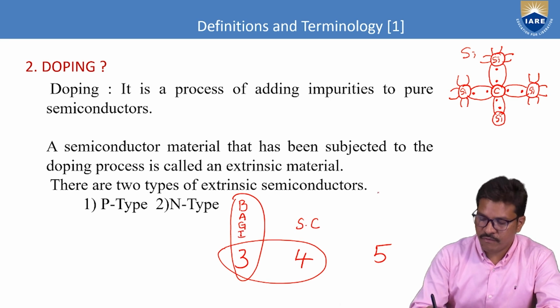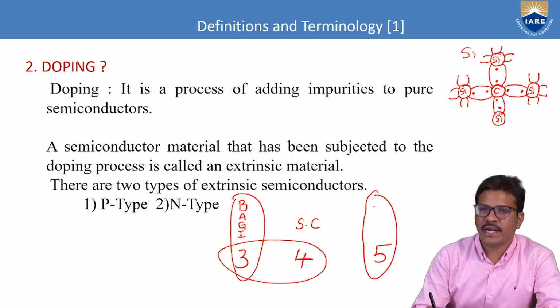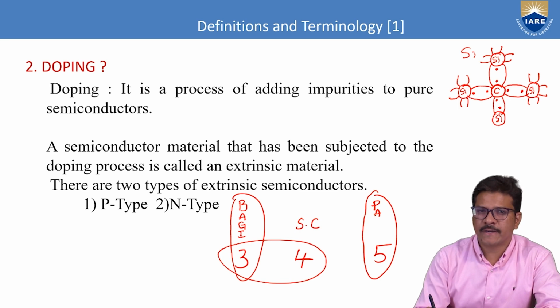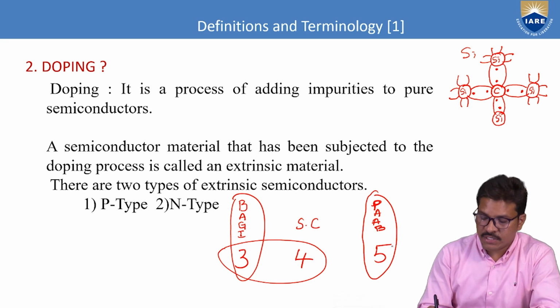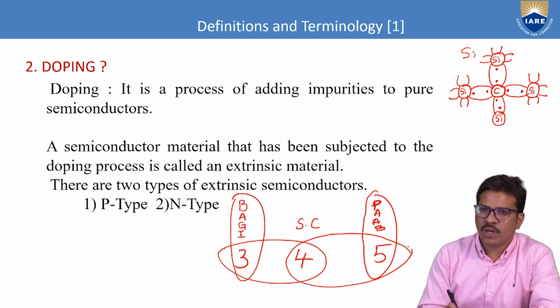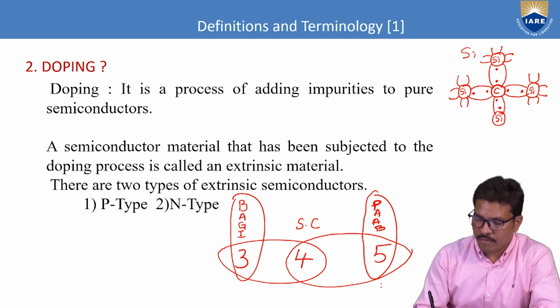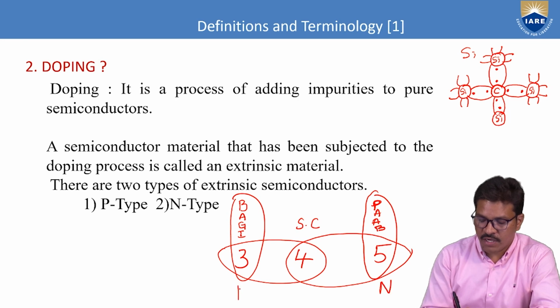The examples of pentavalent atoms are phosphorus, arsenic, antimony, bismuth. When we combine this pentavalent atom with this semiconductor material, we will get this N-type, and if we combine with the trivalent atoms, we will get the P-type material.